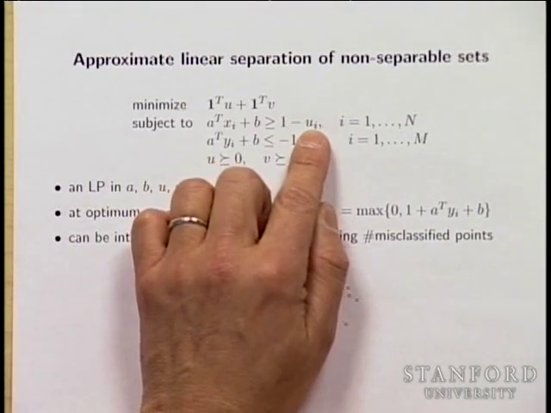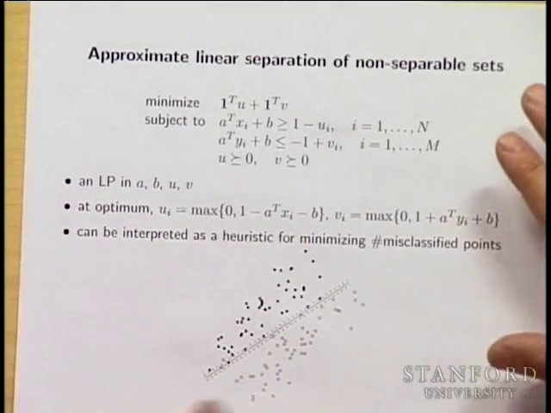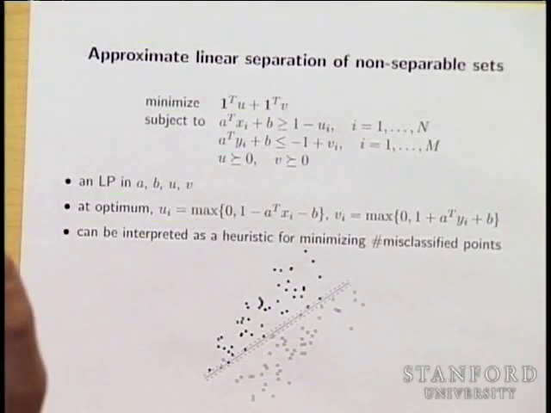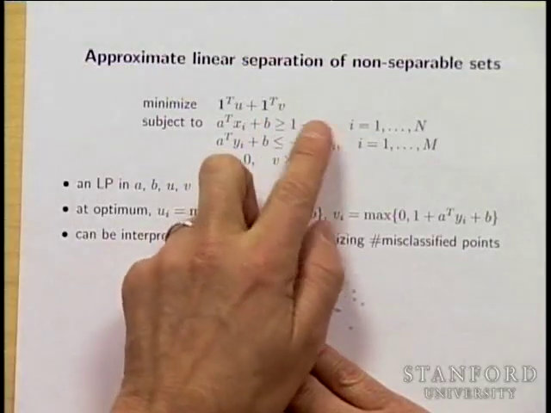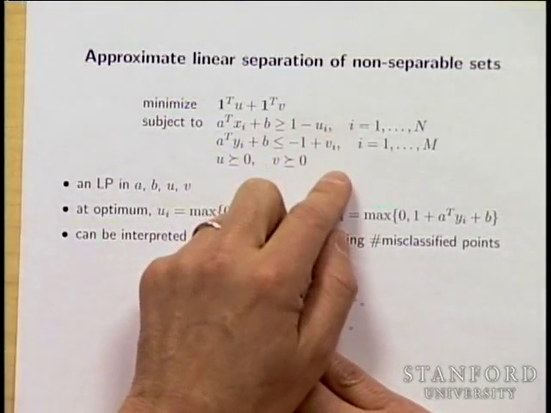If they're 0, it means no fudge factor was needed for that point being on the right side of the actually not hyperplane but slab. It's on the right side of the slab if u_i is 0 or v_i is 0. Everybody got it? Now if you minimize the sum of those, what you'd really like to do perhaps is minimize, in fact, something like this: the number of non-zero u's and v's.